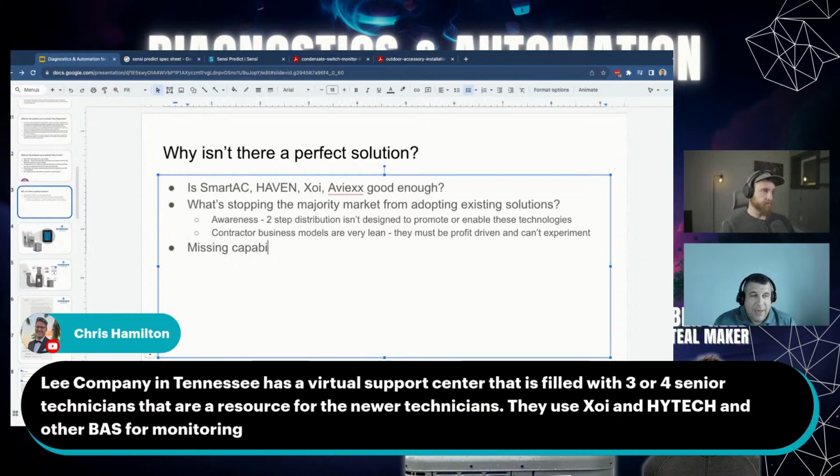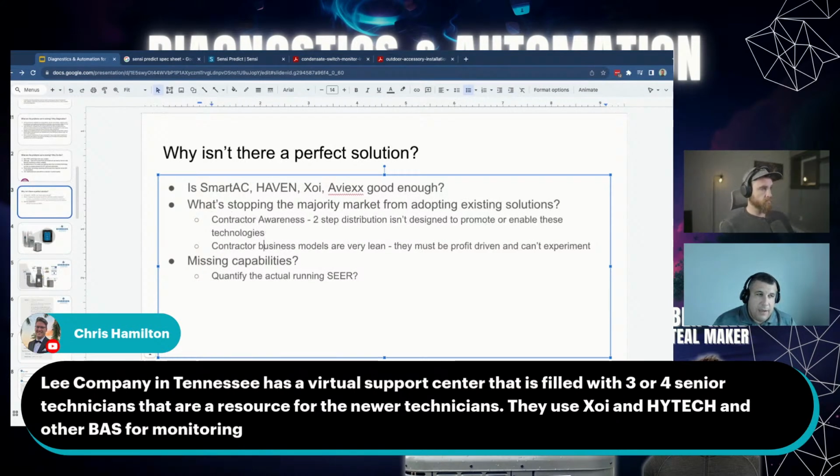Airflow is the biggest thing you've got to know, which is probably a hard get, but being able to quantify the running SEER of the system matters. If this whole industry is SEER fixated, you could say, you do realize they make 20 SEER units right now, and your unit's only working at 11 SEER. That could be a good sales tool for those people that sell like that.